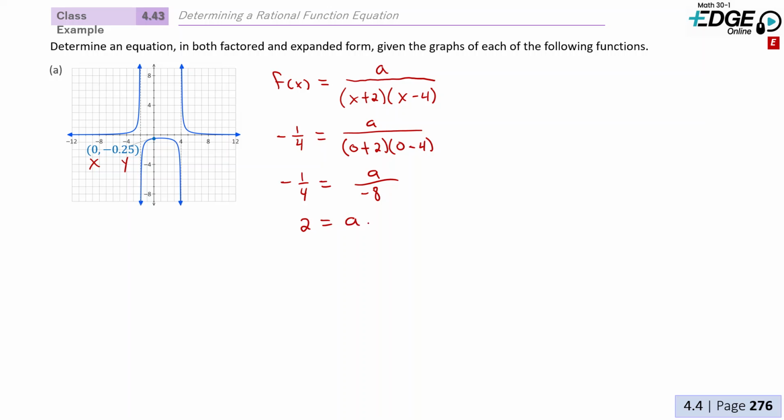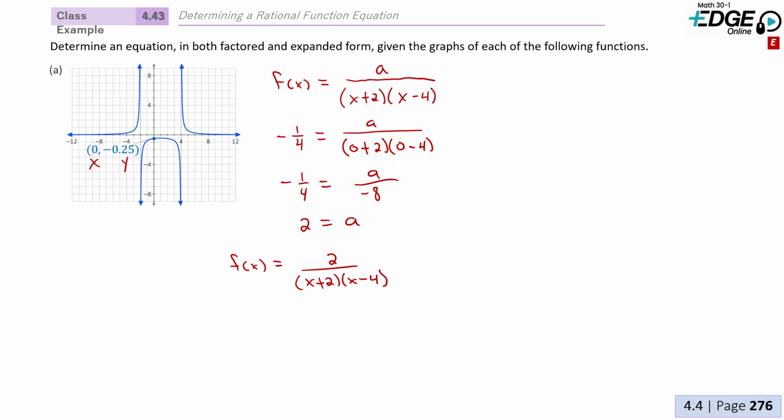And then last step, we're just going to throw this value for a back in. So now we'll say f of x is equal to 2 over x plus 2, x minus 4. All right, so now that was in factored form.